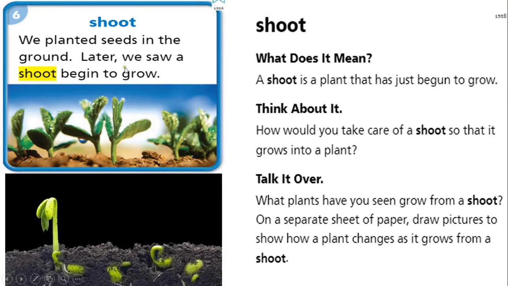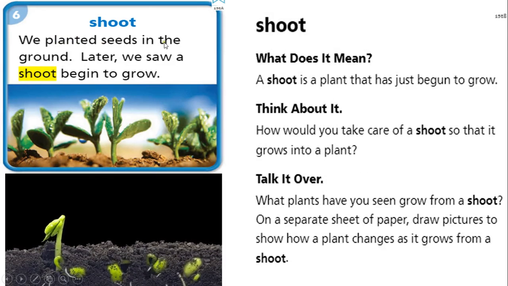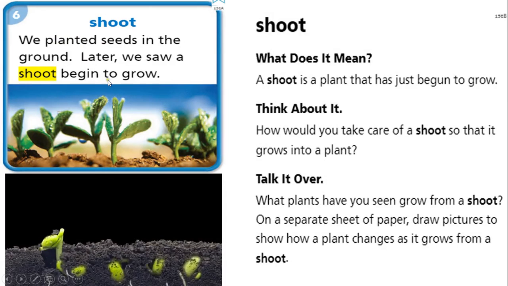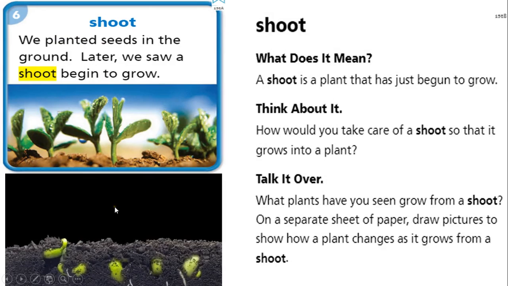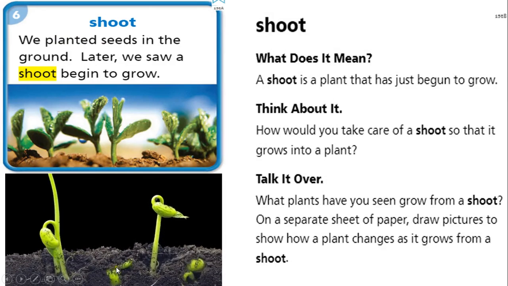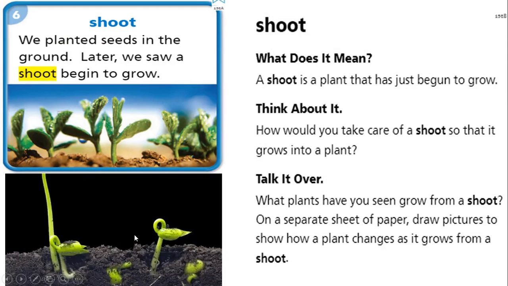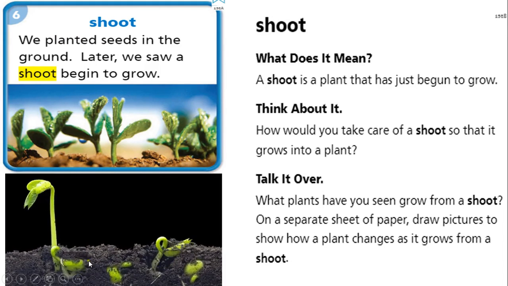Number 6, shoot. We planted seeds in the ground. Later we saw a shoot begin to grow. So these are the seeds once they are put in the ground like this, and then once you water them and they have a little bit of sun, they start to grow.